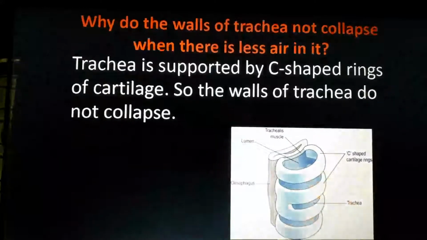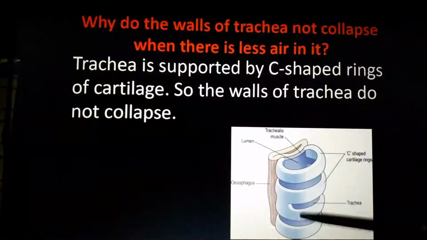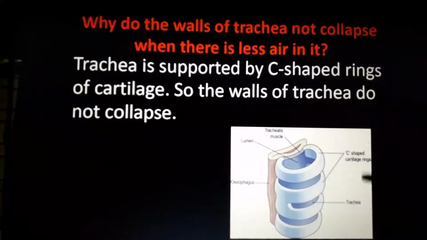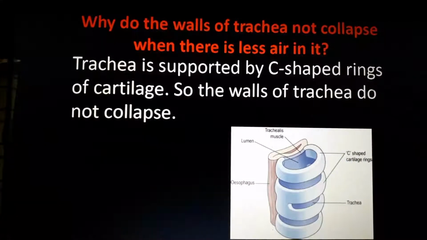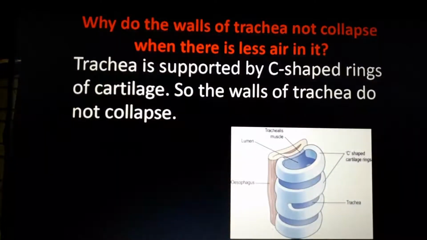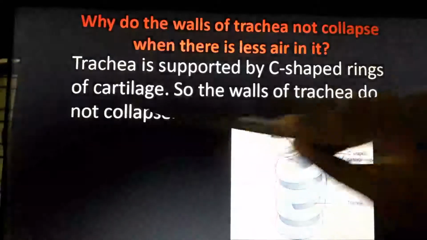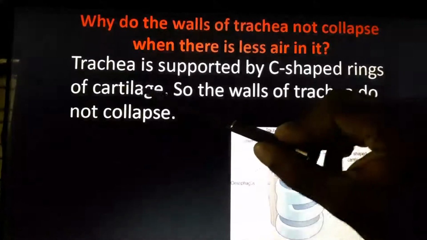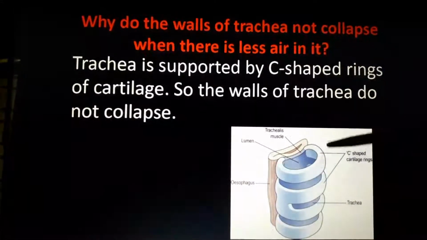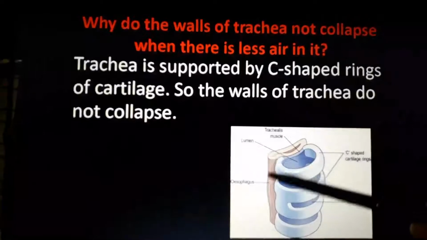So next is this one. See, what is this? Of course, it is the trachea. Right or not? So those C-shaped rings are called cartilages. Okay? Cartilage, study that. Those are the rings. It is not the windpipe. This is it. This thing, see, this cartilage. And what will this thing be?